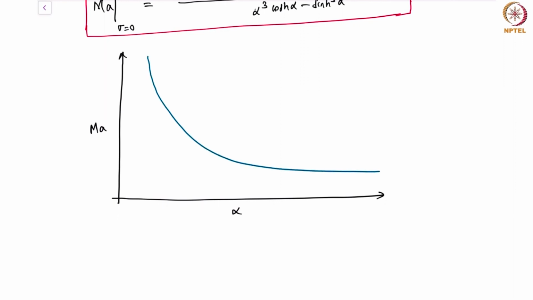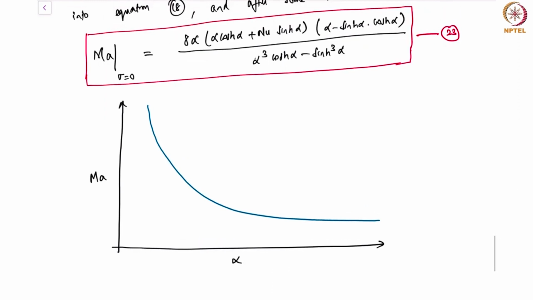Now equation 23 gives me the shape of this curve. It tells us for every alpha there is a corresponding Marangoni number, and if you are above that Marangoni number for that particular alpha, then you have an instability.